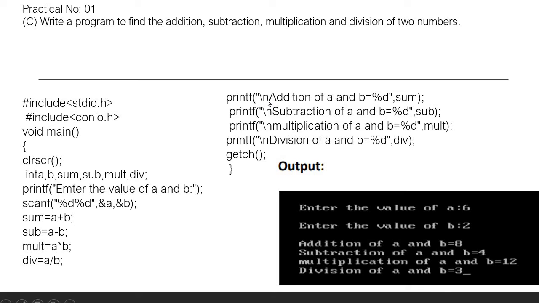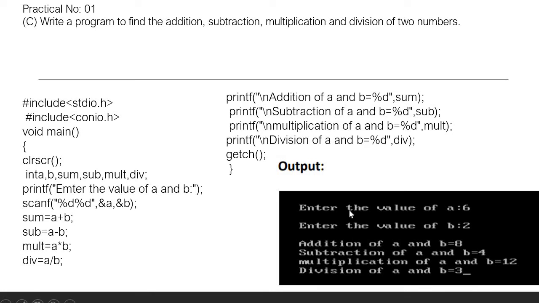\n is nothing but that statement will come on the next line, and over here %d, because my variables are integer type, and the variables that are holding the values, I have mentioned within my printf statement, so that it prints the output for me.